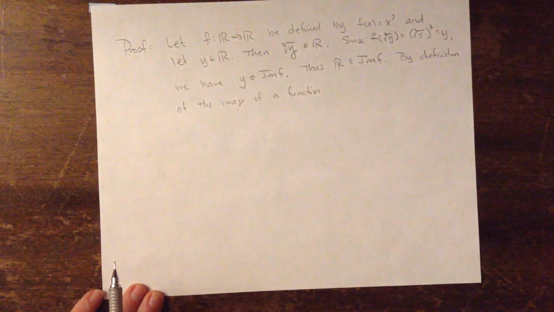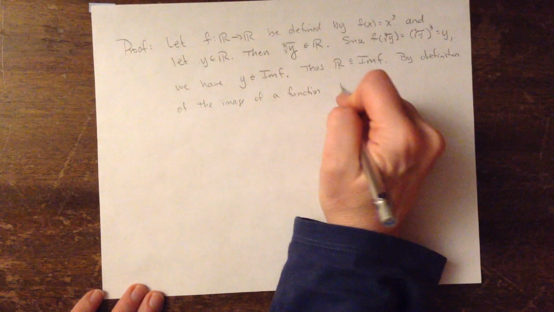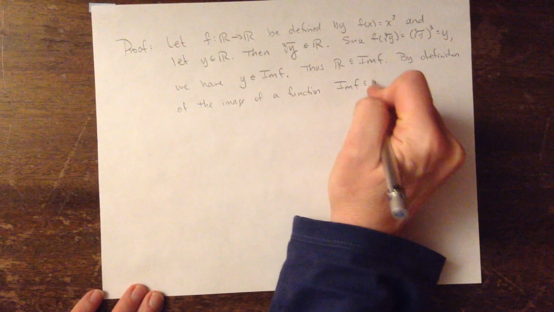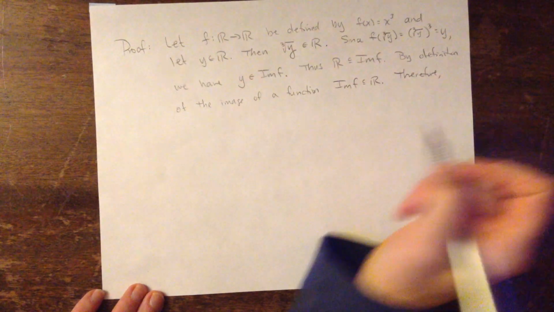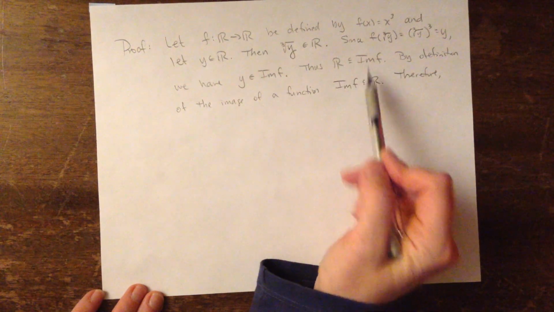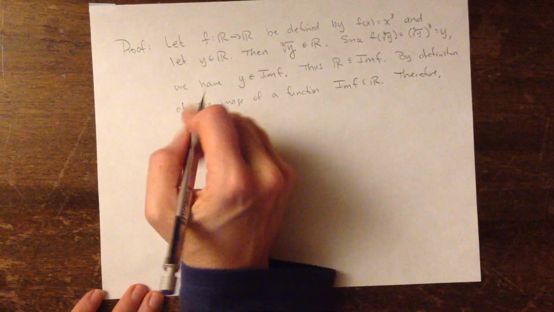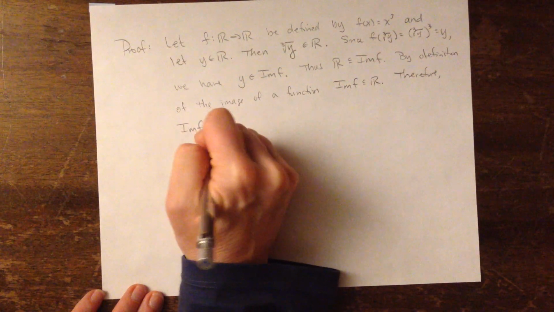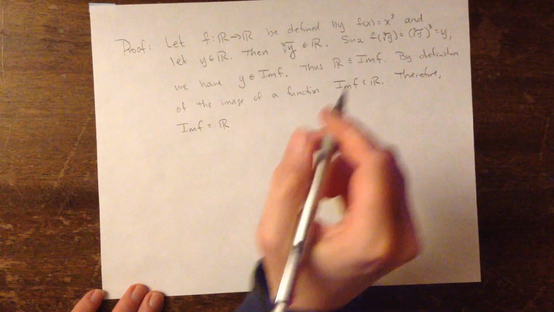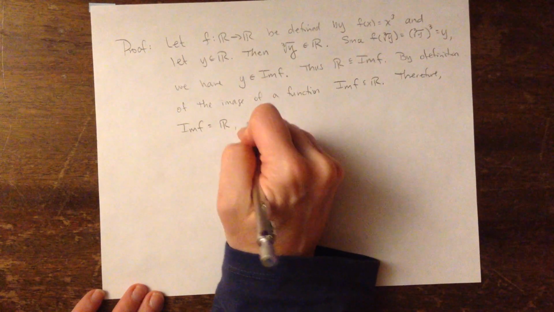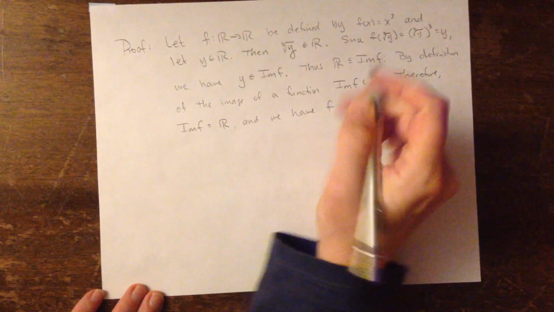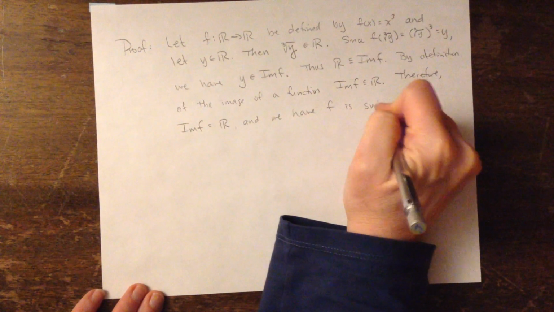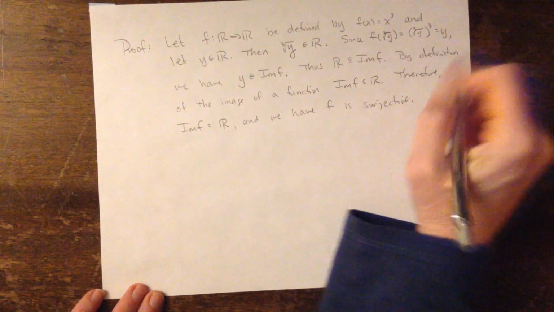The image of the function always has to be a subset of the codomain, and the codomain here is the reals, so we have the image of f is a subset of R. Therefore, I have the subset relationship in both directions, so the two sets are equal. So the image of f is equal to the reals. And we have f is surjective. Done.